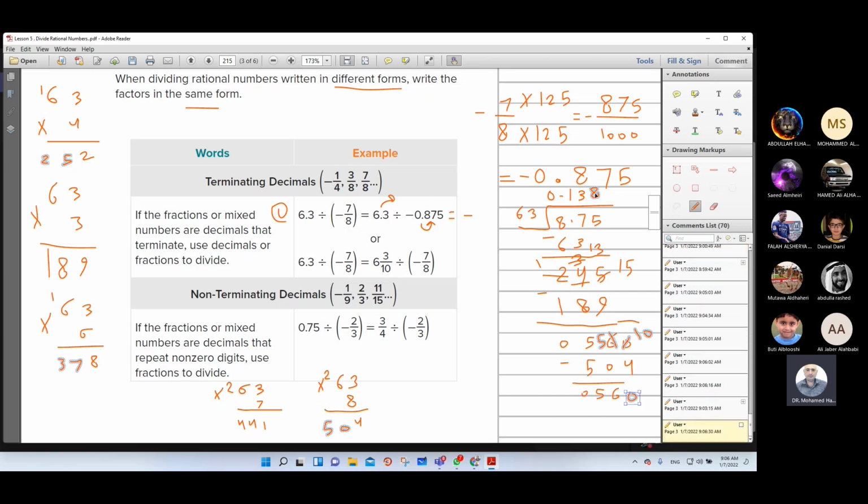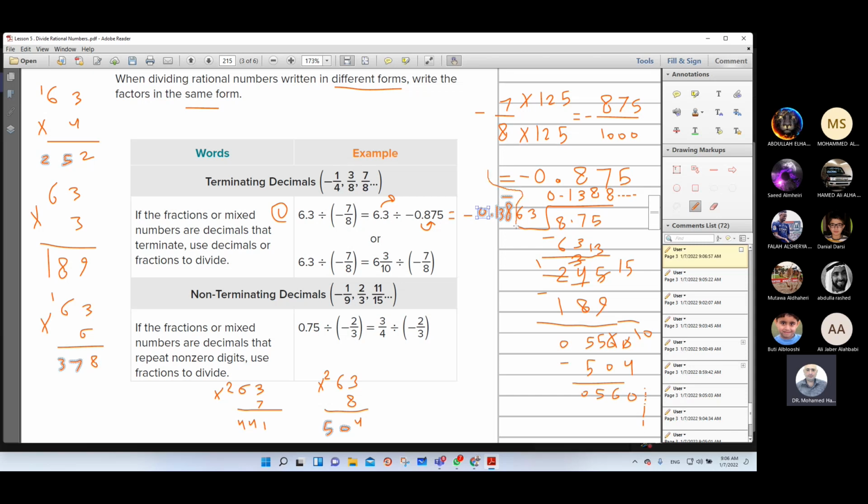You will get here 8, 8, 8. So this is a repeating operation. So we can write the answer here 0.138 and put up an 8 bar notation. Means 8 repeated to infinity.